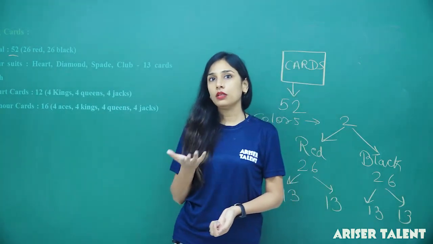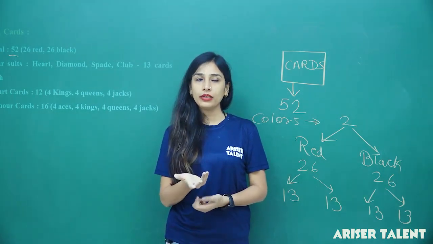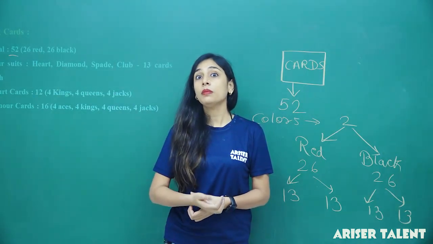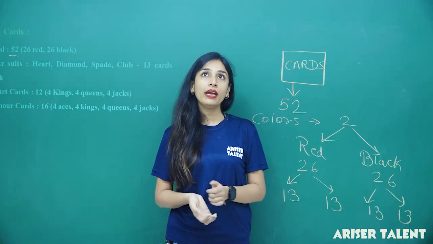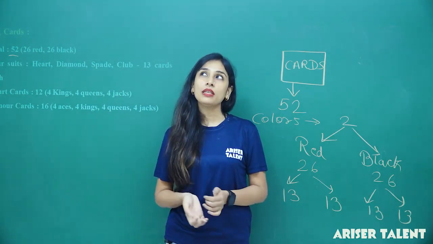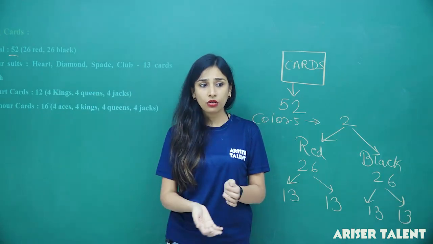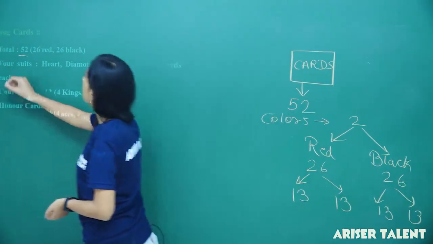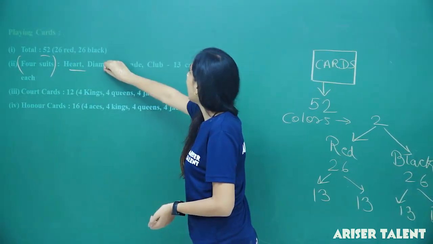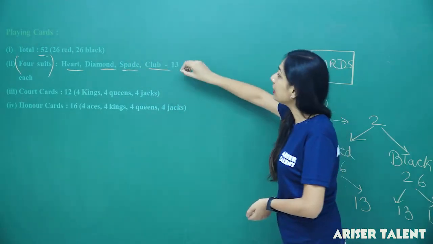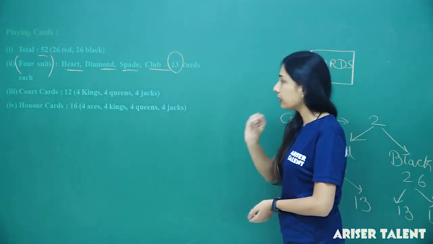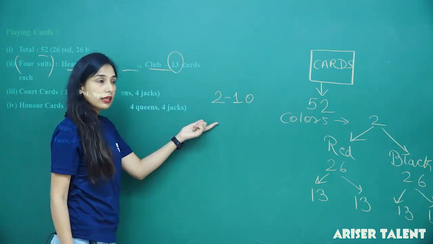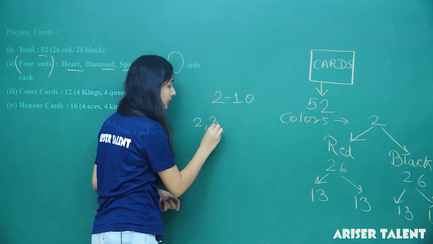Okay, now like in our first lecture, you may be asked about the probability of getting a red card or a black card, or something like probability of getting a queen or whatever it is. So we'll be talking about 4 suits: heart, diamond, spade and club. Now these are 13, and we talk about 2 to 10, right? These are the simple numbers we can see in the cards.